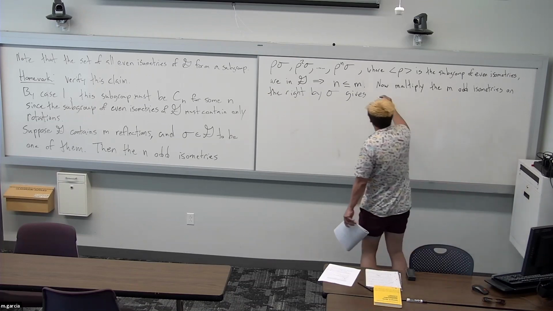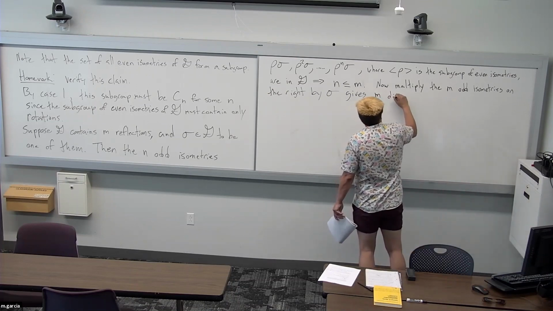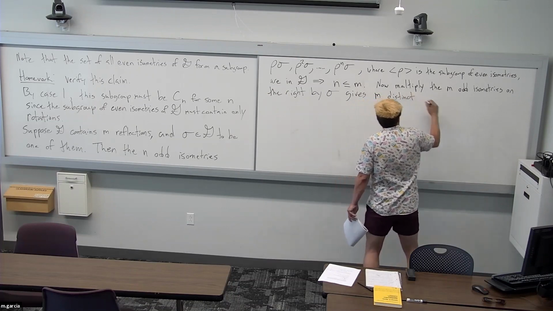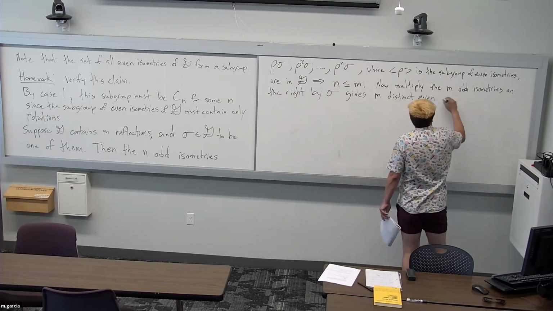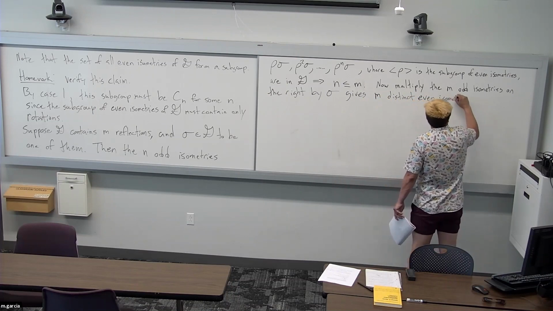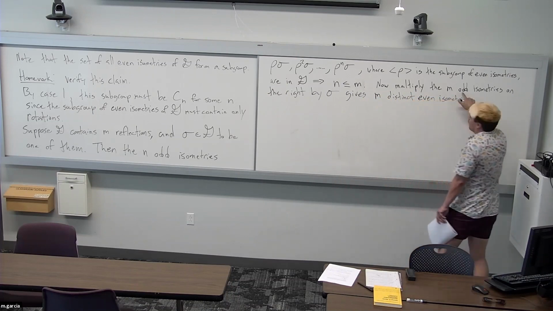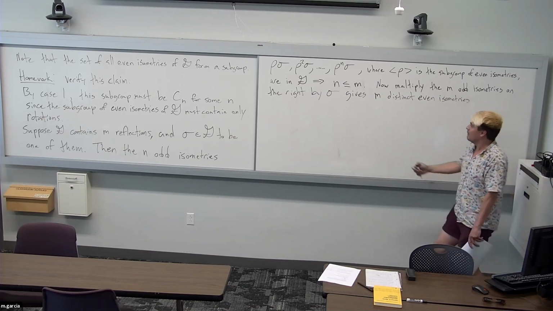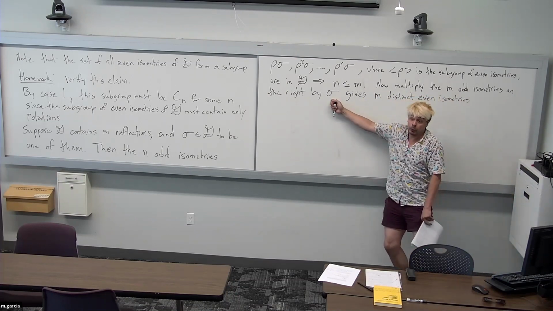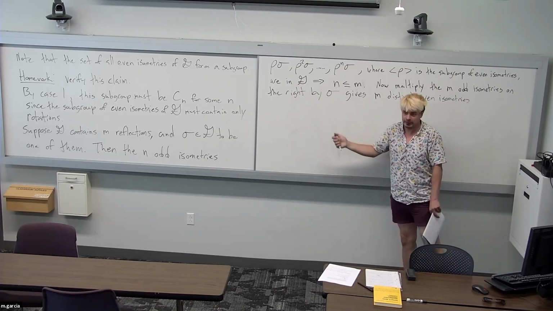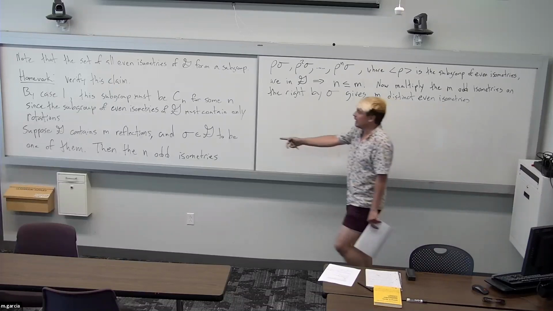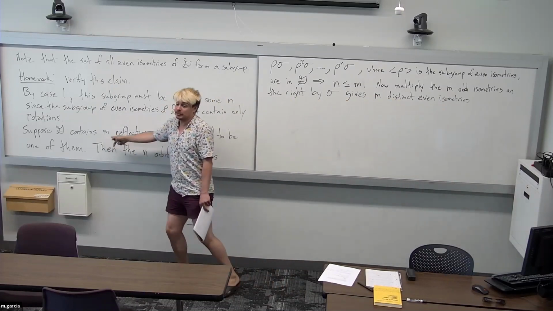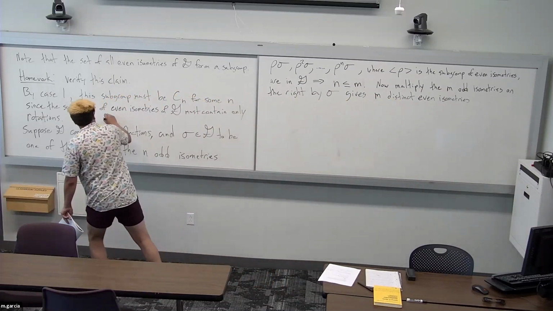Okay? Gives m distinct even isometries. Right? I take all the odd isometries, they're all products of an odd number of reflections. I'm tacking on one more reflection to each of them, so they all become even and they're all distinct, because they started distinct, because we assumed we contain m reflections.